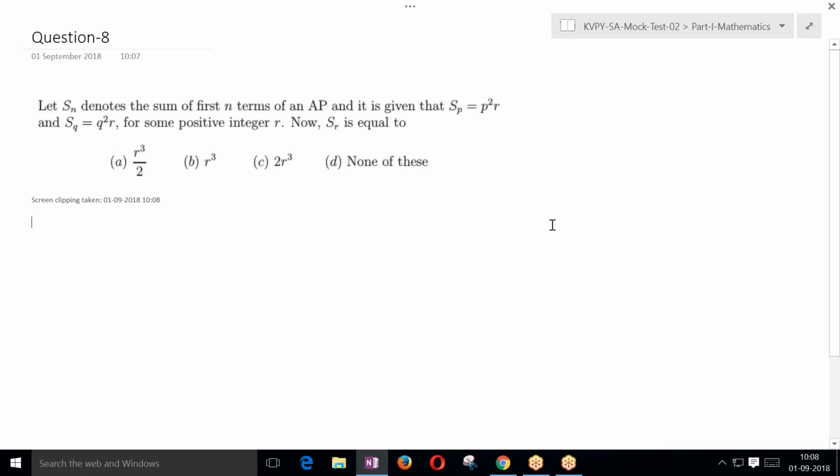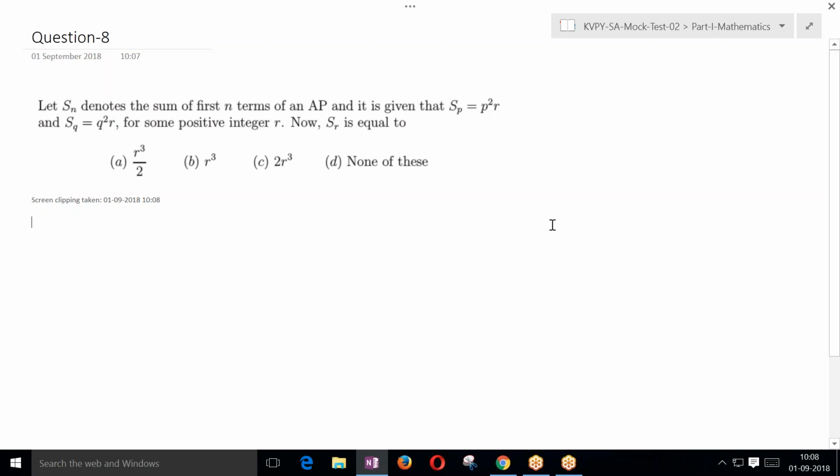So here the question is, let Sn denote the sum of first n terms of an AP, and it is given as Sp is equal to p square r and Sq is equal to q square r for some integer r.